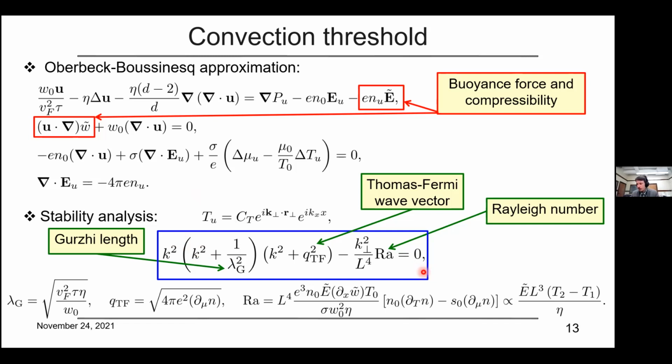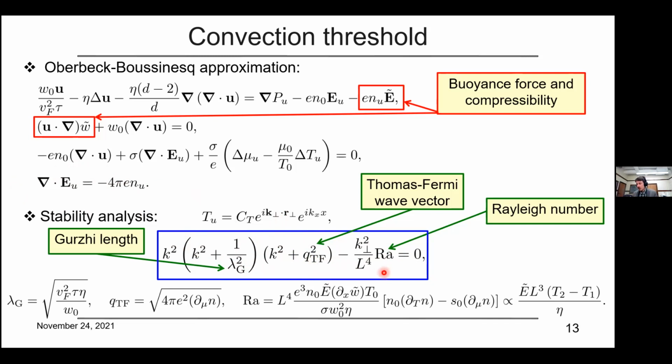So what is this equation about? This equation relates the components of the wave vector, K, to properties of the system. In particular, it contains a Gaussian length, which quantifies the momentum relaxation. It contains the Thomas-Fermi wave vector that is related to the Gauss law and is actually a novel feature of electron hydrodynamics.